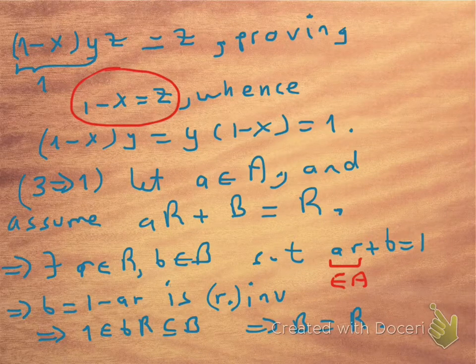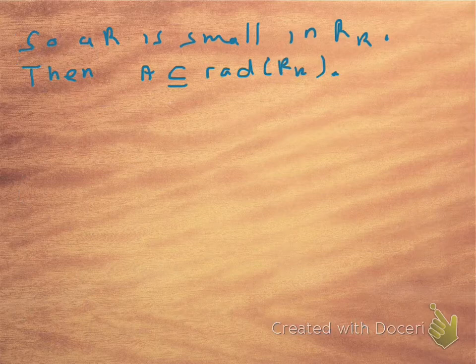But once it's invertible, then 1 belongs to the submodule generated by B, which in turn is contained in the larger B. So the capital B has to be equal to R because it contains the generator of R. This completes the proof. So this is the end of the proof.